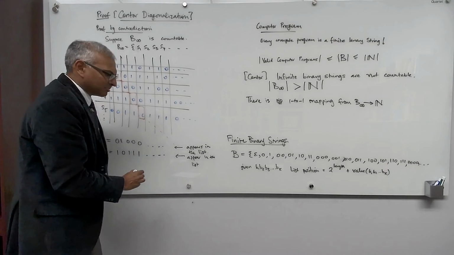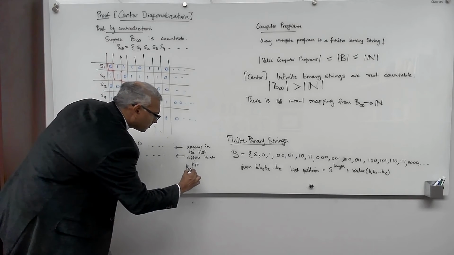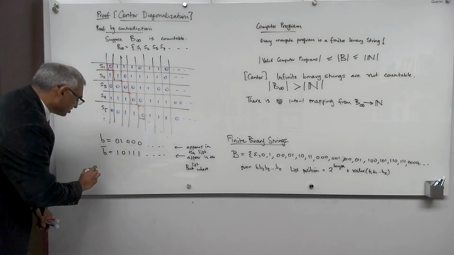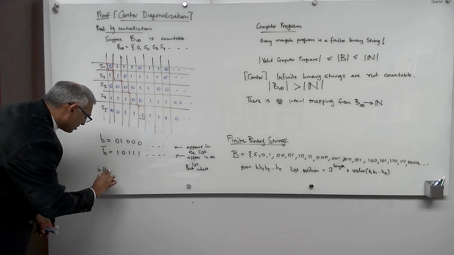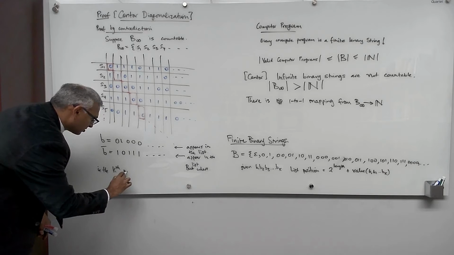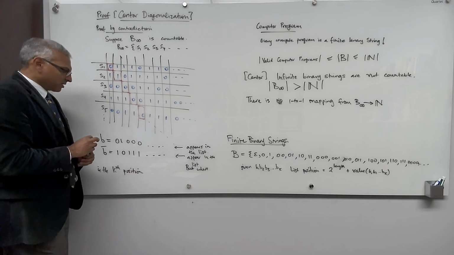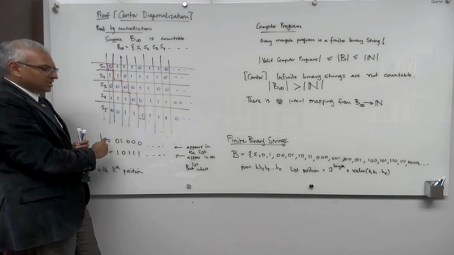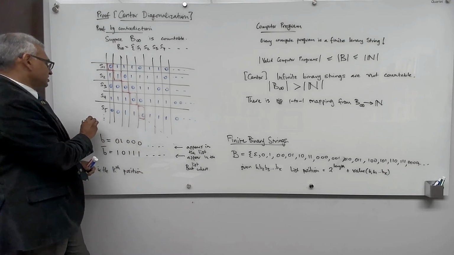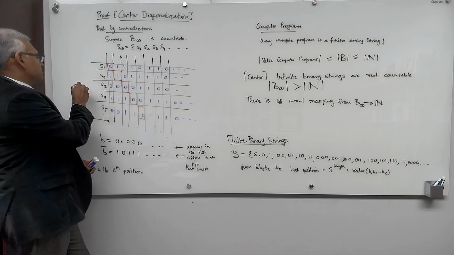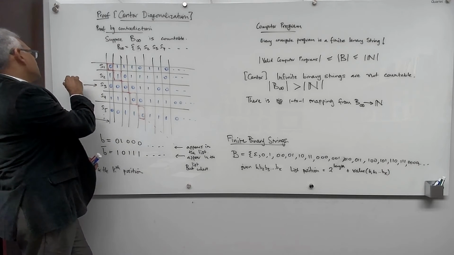Now the question becomes, but where? Let's say it appears in the kth position. So now we have to look at the k. Let's look at the kth bit in B. So if it appears in the kth position, for example, let's take as an example that it appears in the third position.